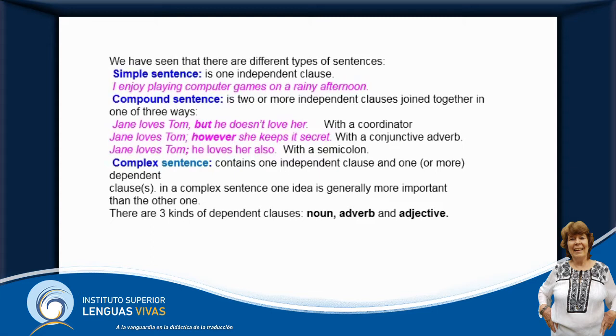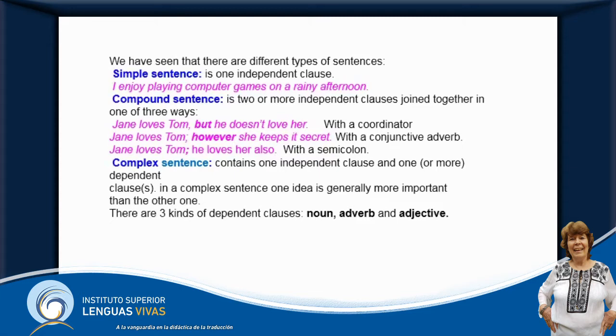Complex sentences have one independent clause and one or more clauses that are dependent on them. These dependent clauses cannot stand alone in a sentence. They have to depend on a main clause. And the main clause is generally more important than the dependent clauses.